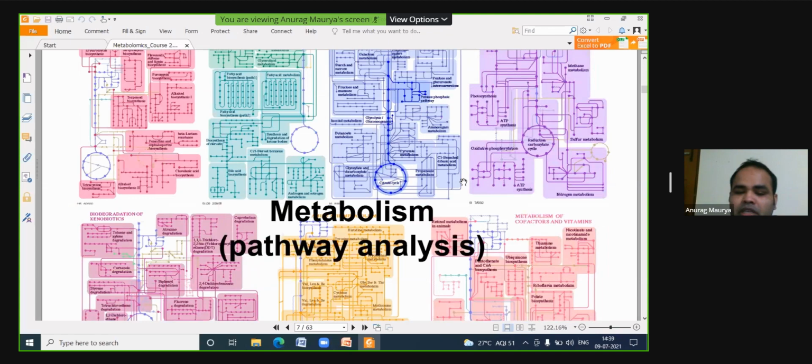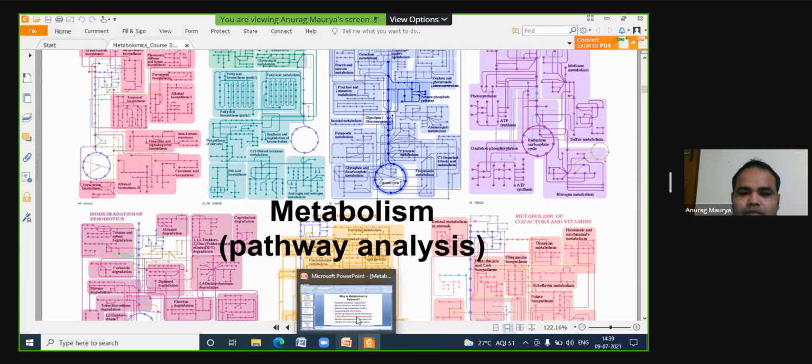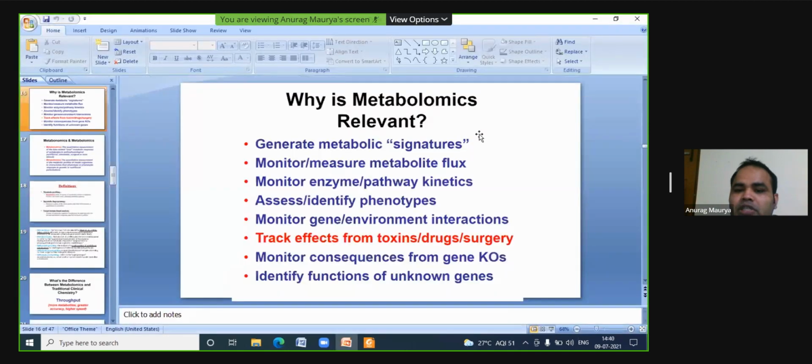One example I gave was progesterone, and similarly, in some cases, it cannot be one, rather more than one metabolite together will be a marker for a particular physiological condition. So that's what is written, to generate metabolic signatures. So one aim of metabolomics is to identify metabolic signatures.